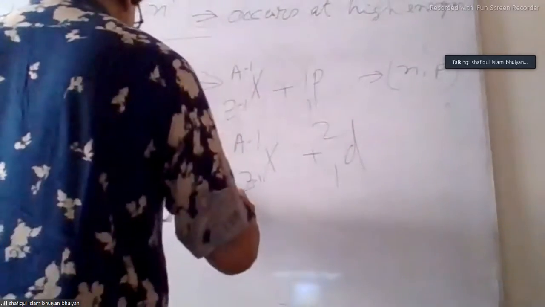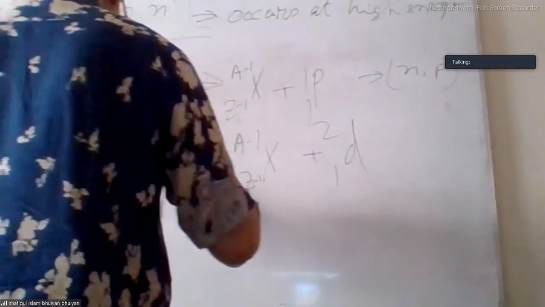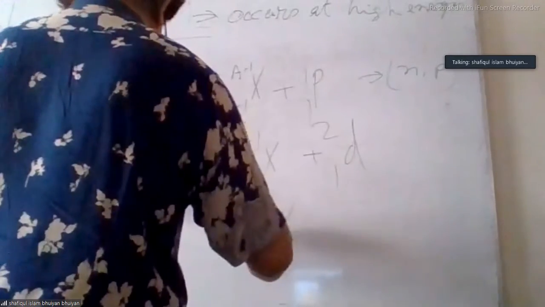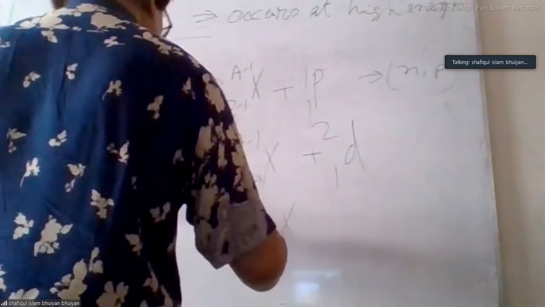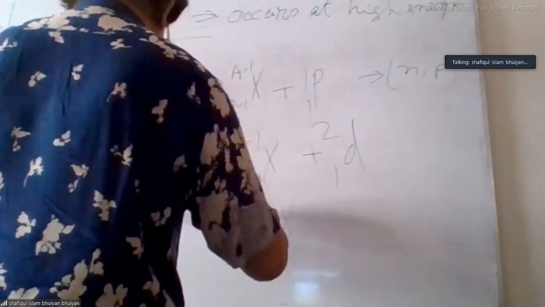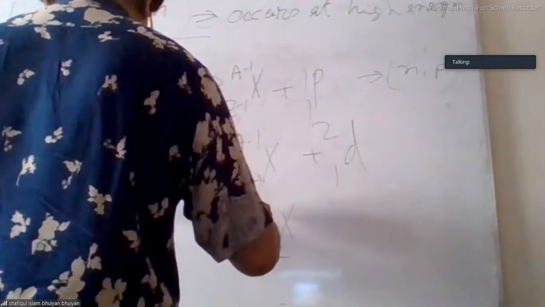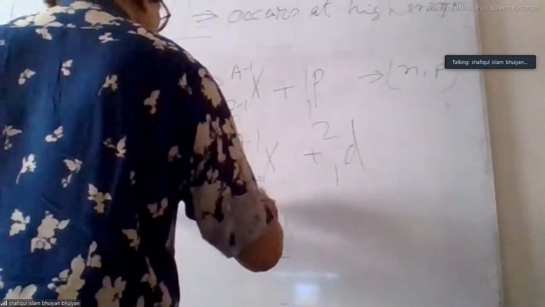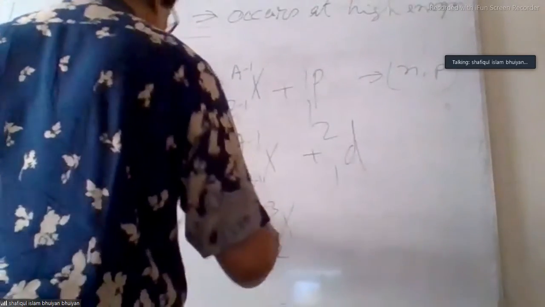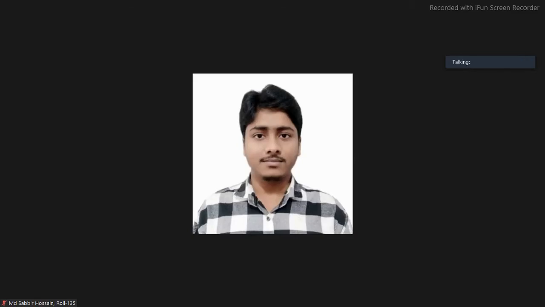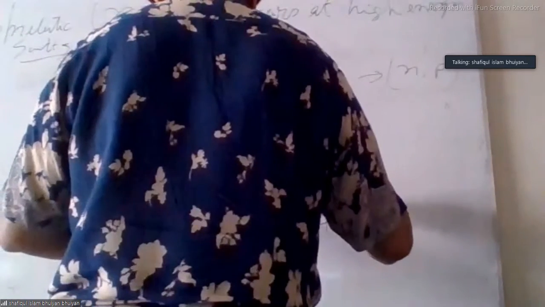Or this can be X with Z minus 2 and A minus 3, plus an alpha, 4 and 2.